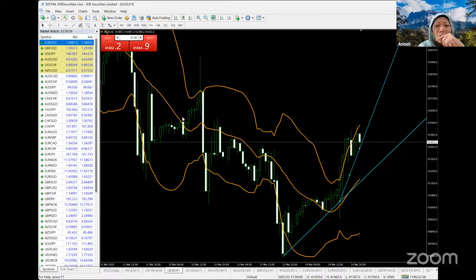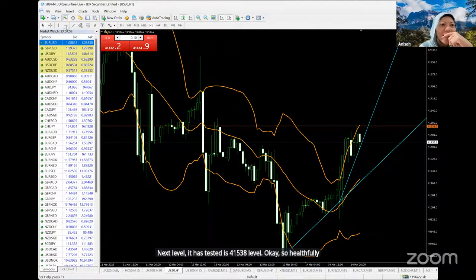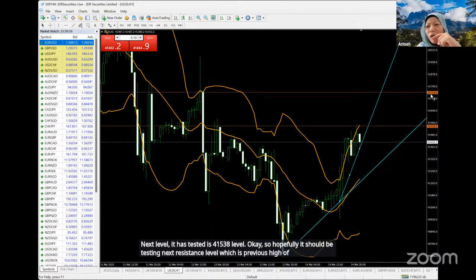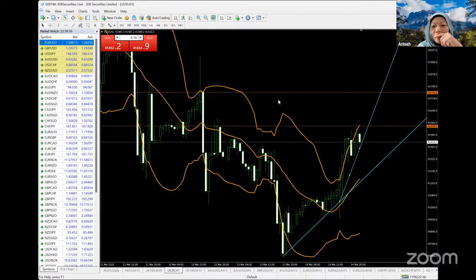It has tested this 41,538 level. Healthily, it should be testing the next resistance level, which is the previous high of 41,759.6. That's the level I'm looking at.